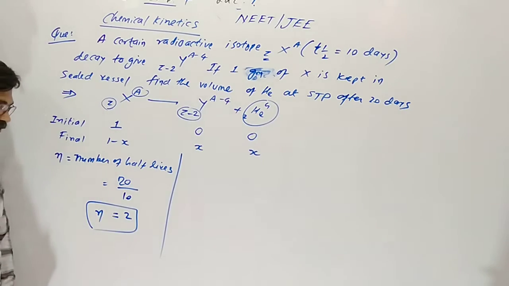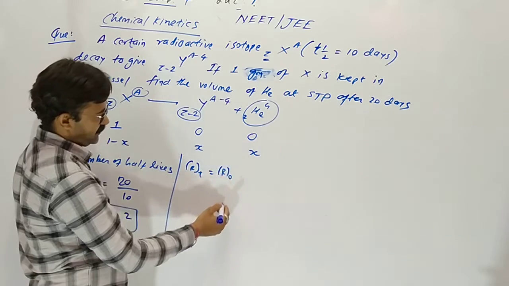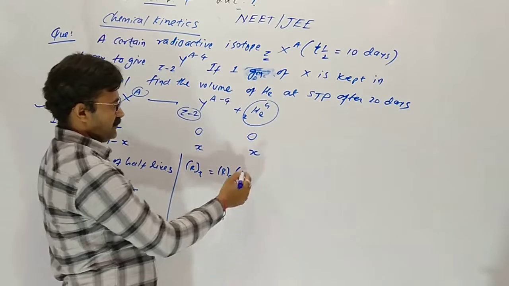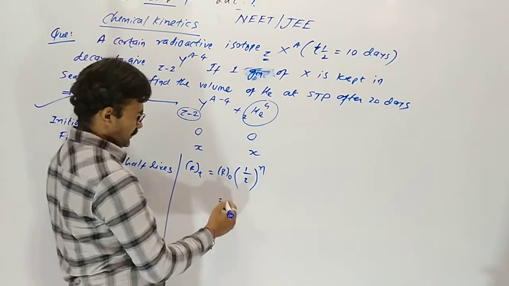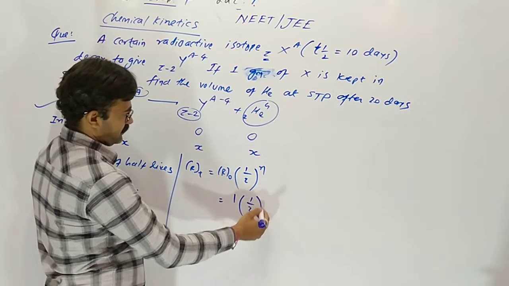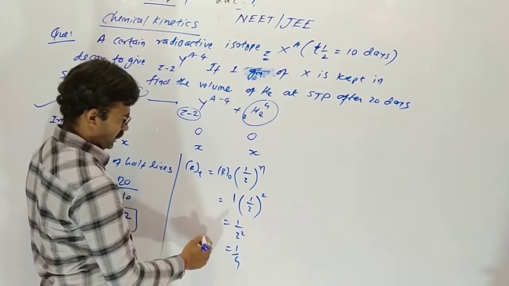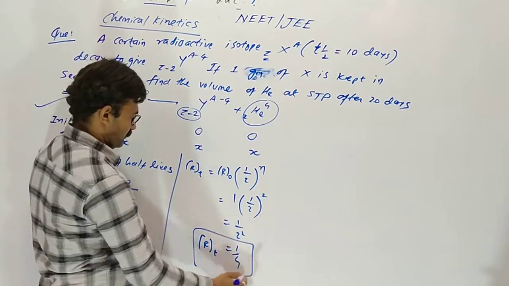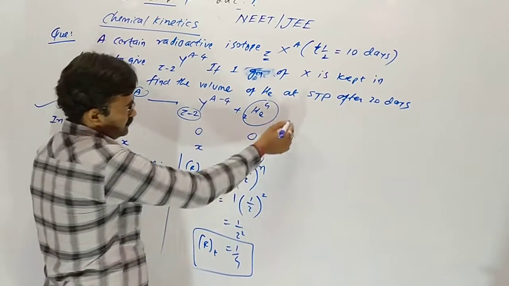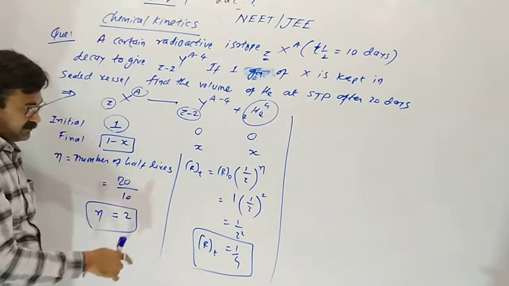For getting the final concentration, R is R0. Radioactivity is a first order reaction, 1/2 raised to n. Here n will be 2. Initial is 1 mole, 1 into 1/2 raised to 2 means 1 by 4. The final mole, initially suppose 1, here is 1 by 4. So 1 minus x is equal to the remaining 1 by 4.